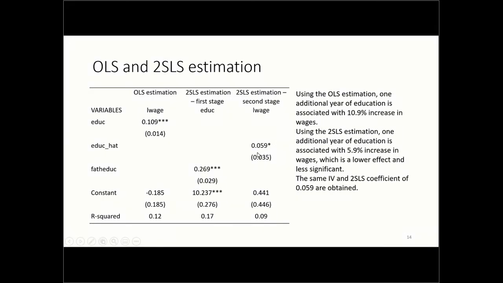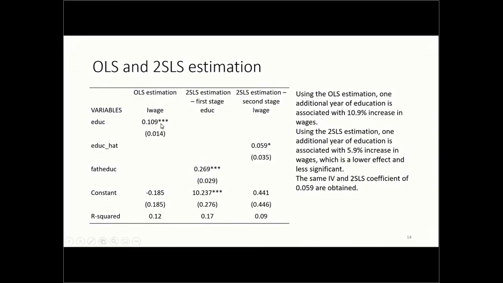So how we would interpret that is that for each additional year of education, we have a 5.9% increase in wages. So again, notice that this is a lower effect than the effect that we have using the OLS estimation.